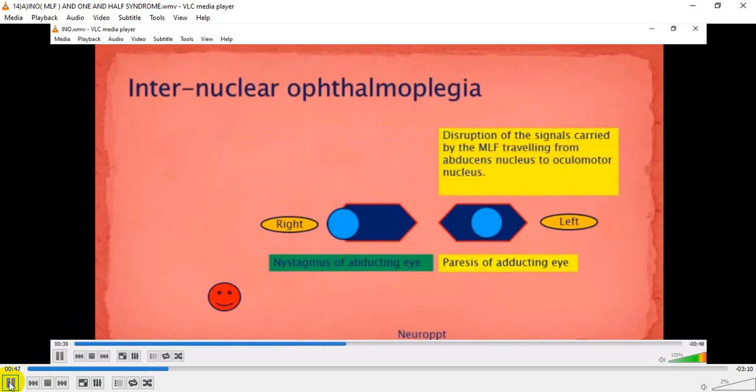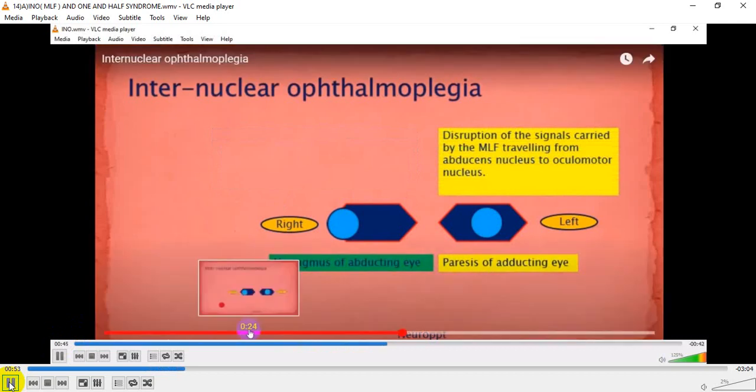There is a paresis of the adducting eye. This is very typical of what we call internuclear ophthalmoplegia.